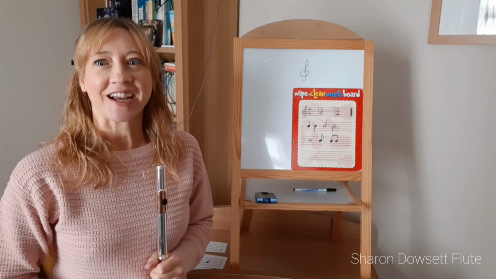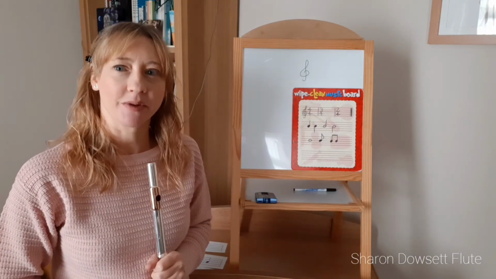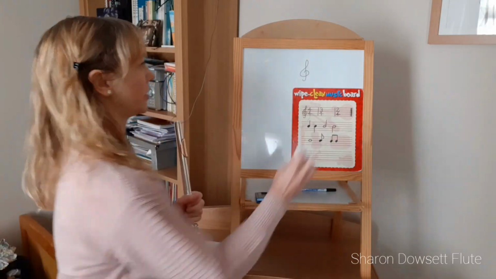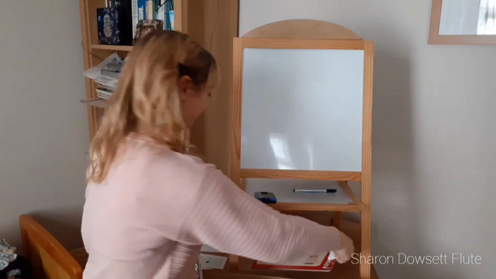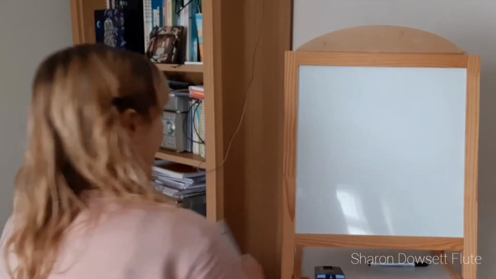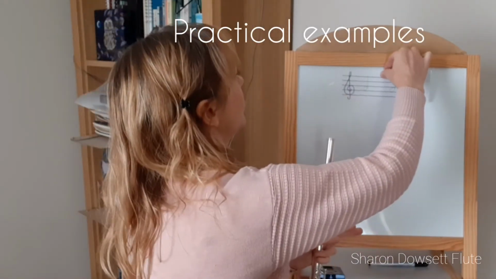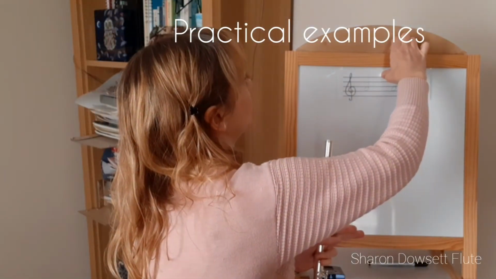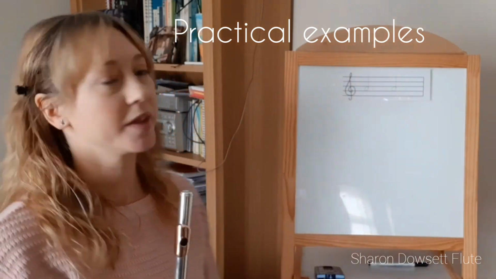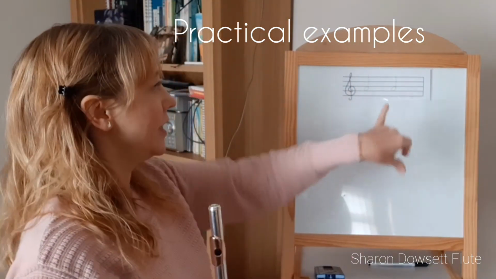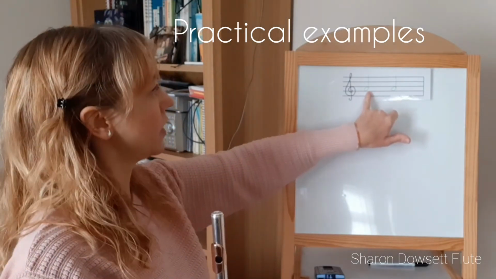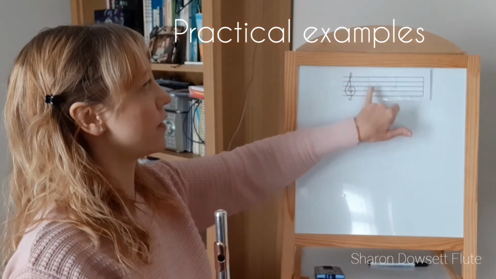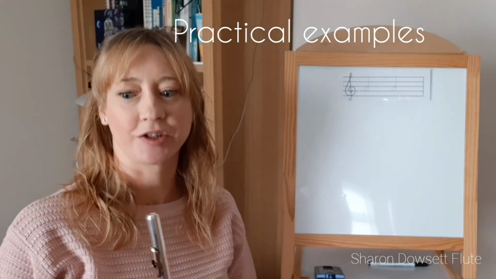Right, the next thing is I'm going to show you a practical demonstration of how these things all work using some examples. So here we have my first example. So it has 2 minims, and I know they're minims because the head of the note is not coloured in, but it has a stem, so I know that they'll be worth 2 counts each.